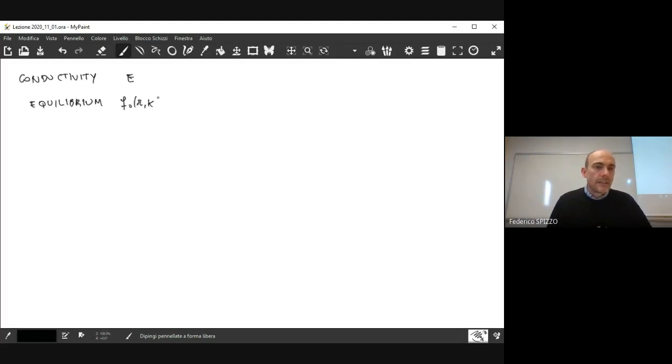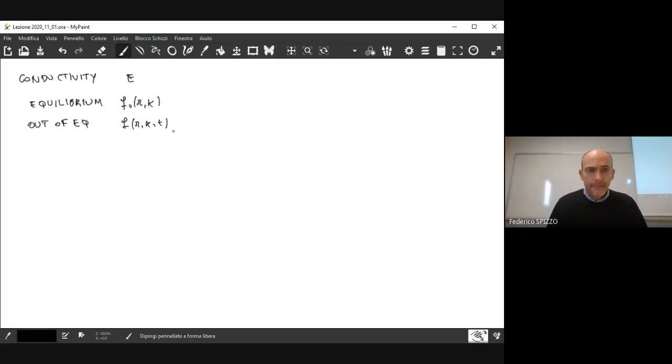I assume that at the equilibrium, there is no time dependence. So we have a situation that is fixed and doesn't depend explicitly on the time coordinate. When we are out of equilibrium, we may have an F value that depends on the position, on K, and also on time, depending on what is happening to the system.